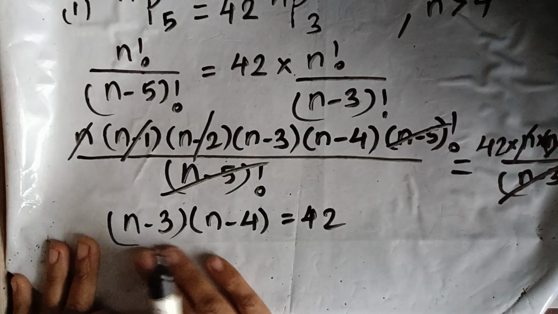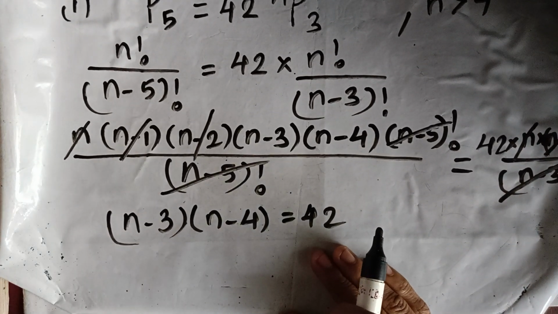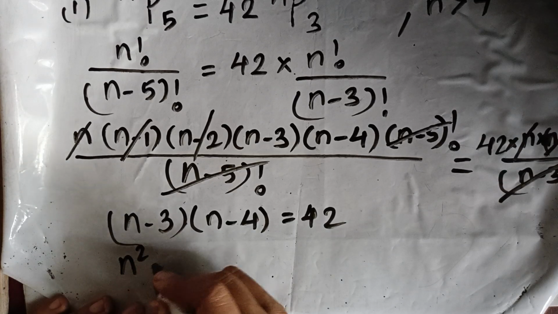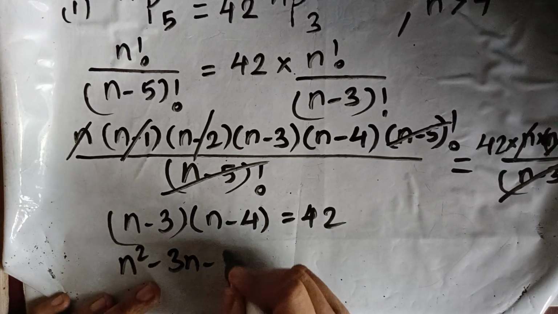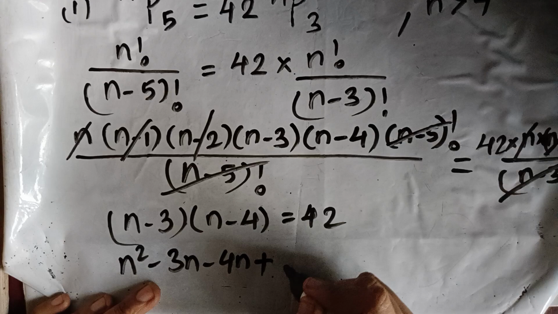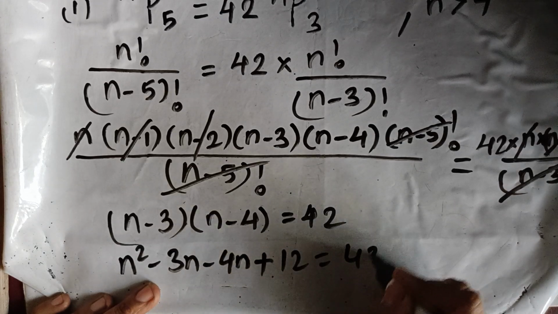Okay, so we have to multiply this. So it will be n square minus 3n minus 4n plus 12 equal to 42.